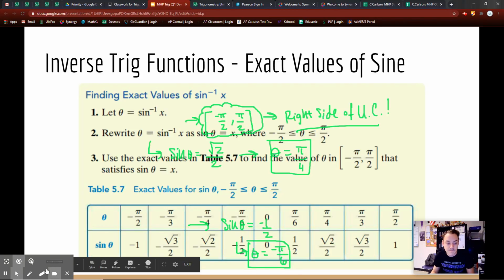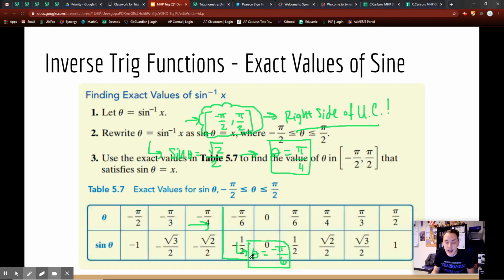You see this? You could go back right here, this table. You can already copy it down right now. So this is negative 1/2. What's the angle measure? Negative pi over 6, right there. Okay? So you can use that table on this slide. If you copy it down, you could definitely use that.